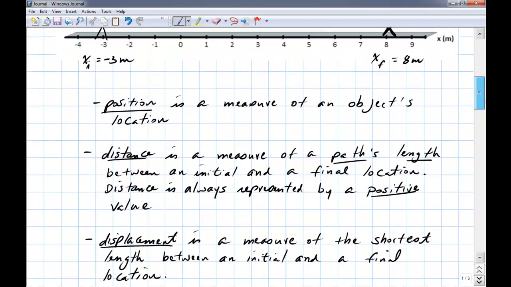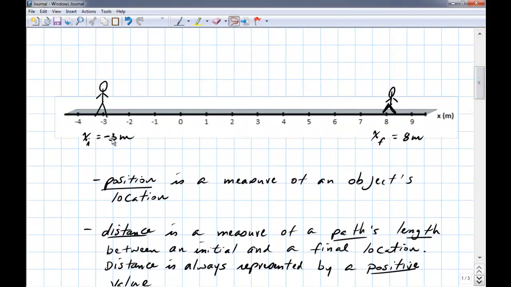So there's the diagram that we're referring to. The person started at x equals -3 and ended their journey at x equals 8 meters. Can you tell how much distance was covered? Well, the answer is no, because we don't know the nature of the path.